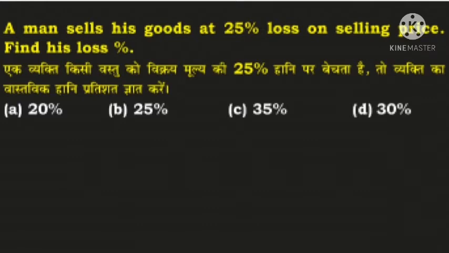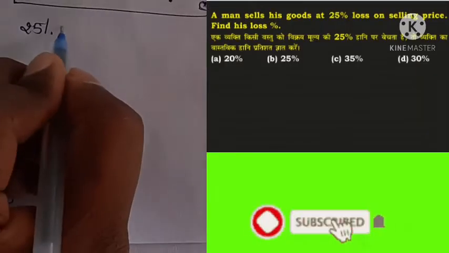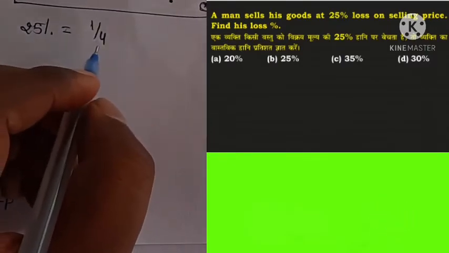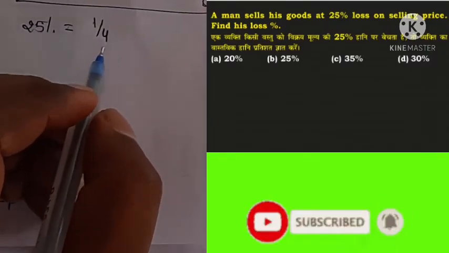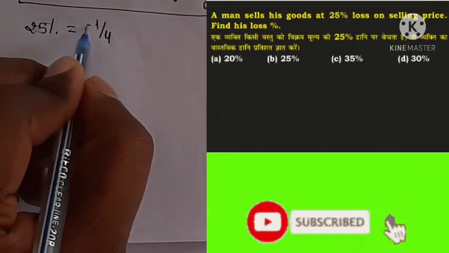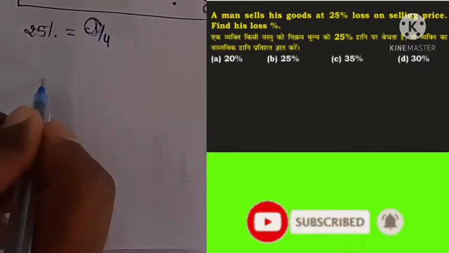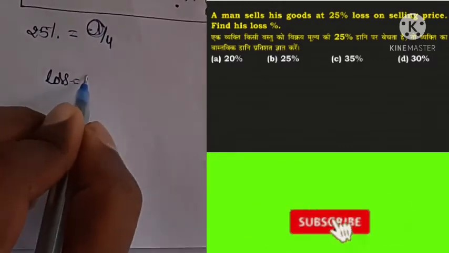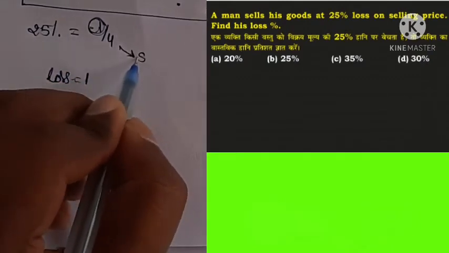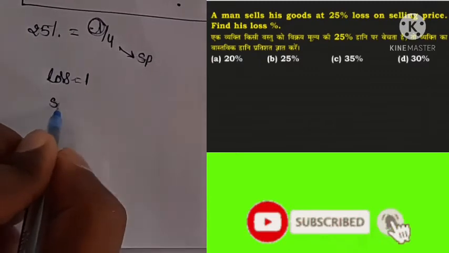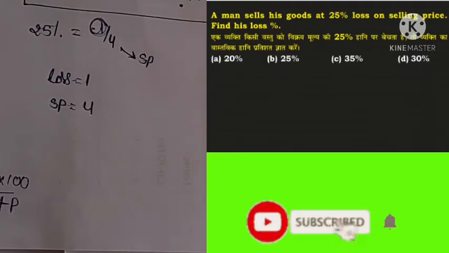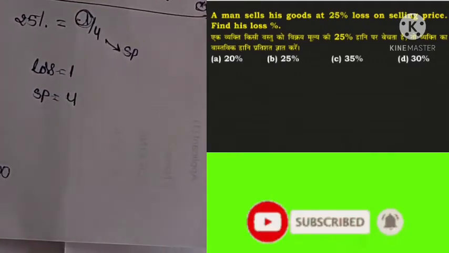A man sells his goods at 25% loss on selling price. Find his loss percentage. 25% percentage to fraction, that value is 1 by 4. So here loss is equal to 1. Here 25% loss on SP. So here the selling price SP is equal to 4. So what is cost price?